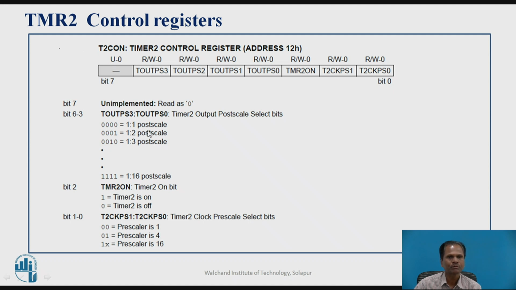Next bits are used to program postscaler 1:1, 1:2, 1:3 up to 1:16 postscaling. And the least significant 2 bits are used for prescaling: 0 0, 0 1 and 1 x, that is divided by 1, divided by 4 and divided by 16. And bit 2 of this control register is used to turn on and turn off the timer 2 module.